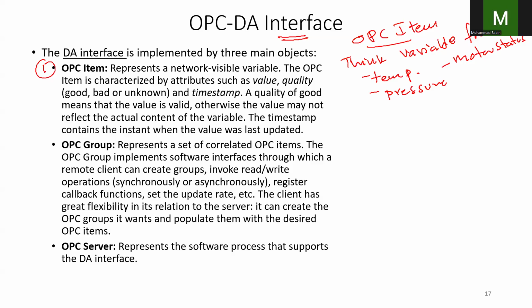Each item has three main attributes. If we take pressure, for example, it will have a value, a quality, and a timestamp.